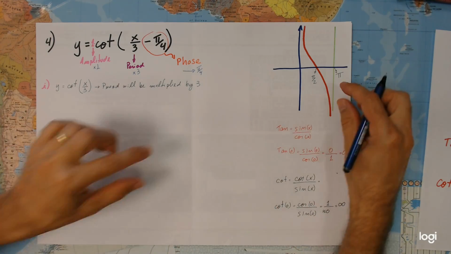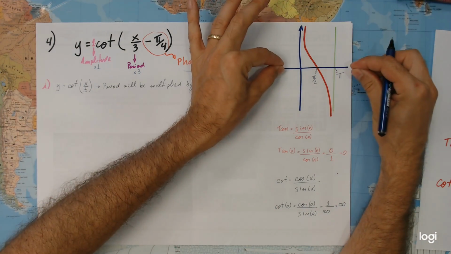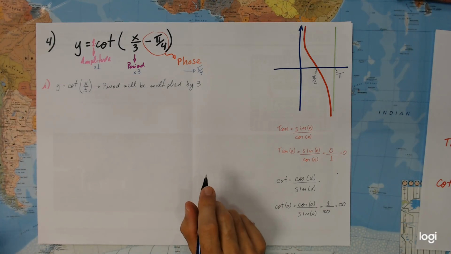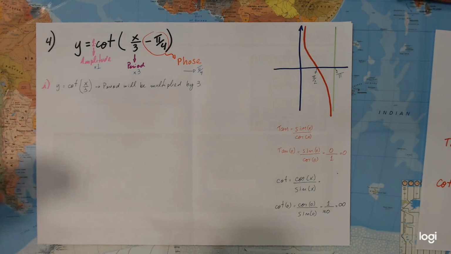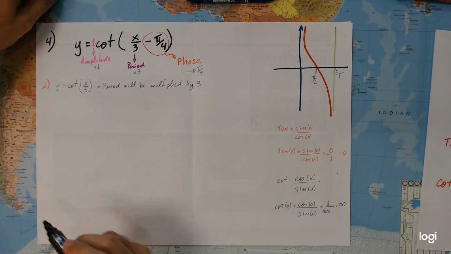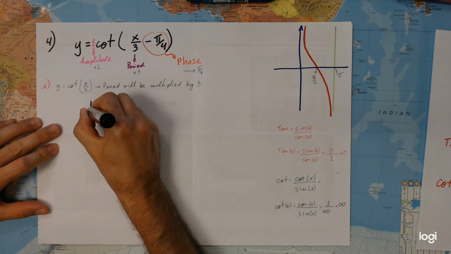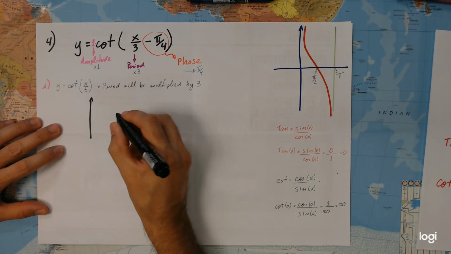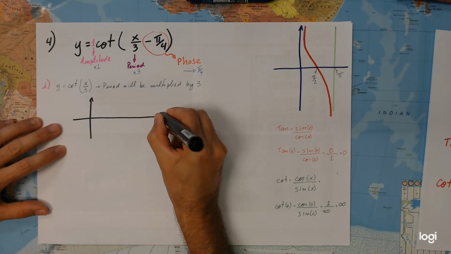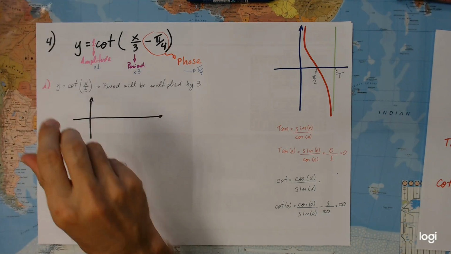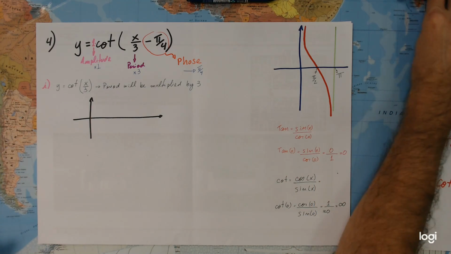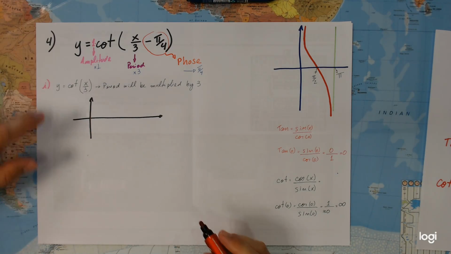Multiply by 3. And that means that if we had our chart like this initially, let's make it red.